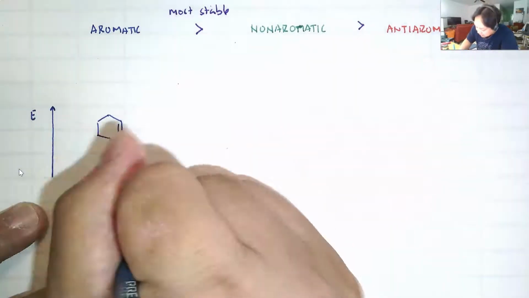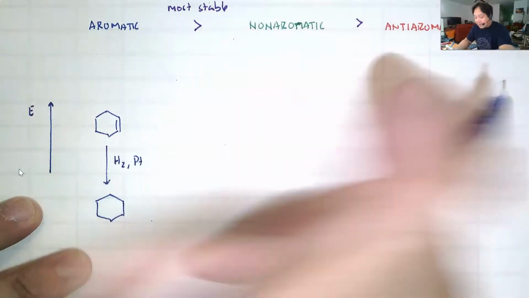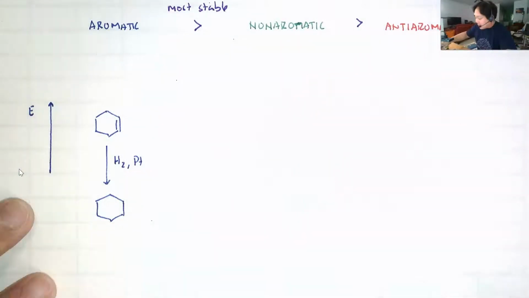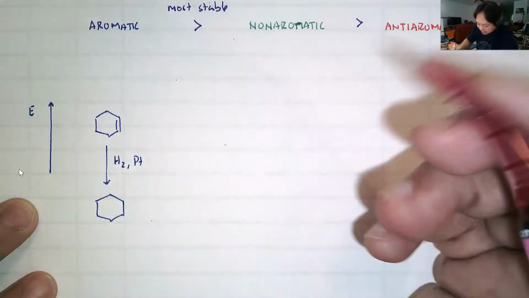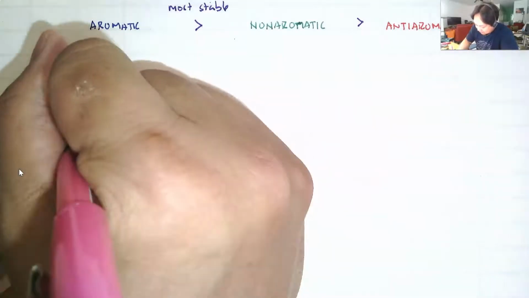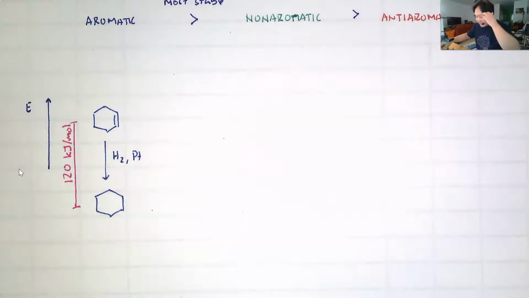So here, if we hydrogenate cyclohexene to cyclohexane, we're going to release energy, and the resulting molecule is much lower in energy. That amount of energy is measurable, and it's 120 kilojoules per mole. So I'll draw this from this level down to this level, 120 kilojoules per mole. I did not give myself a lot of room, unfortunately.